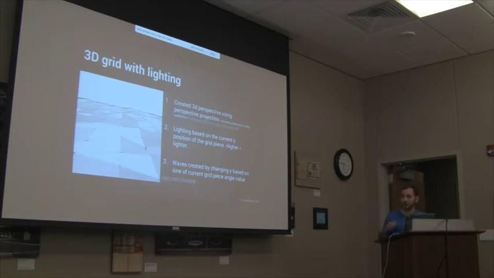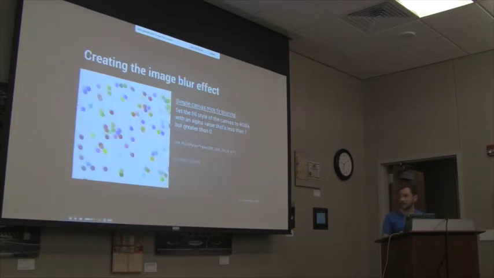Basically, for each grid portion, the higher the Y value, the lighter the color, and the lower, the darker. For the waves, I just changed the Y based on the sine. Each grid piece was assigned a random value initially, and I just change that. If you look at my presentation afterward, I've got a bunch of links, here's a bin right there, a super simple 3D example.